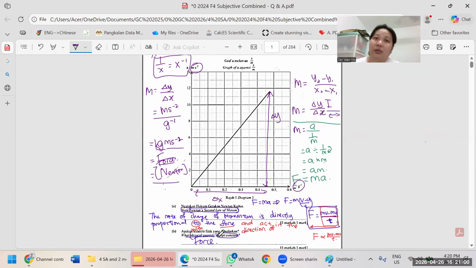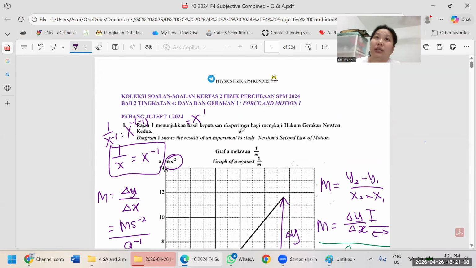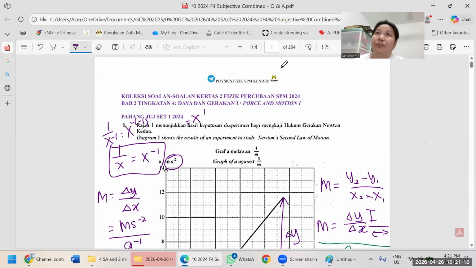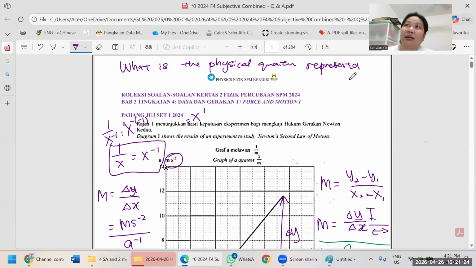Physical quantity kept constant, but sometimes they will ask another question. They will say, what is the physical quantity represented by the gradient?